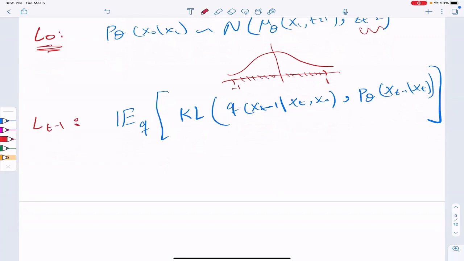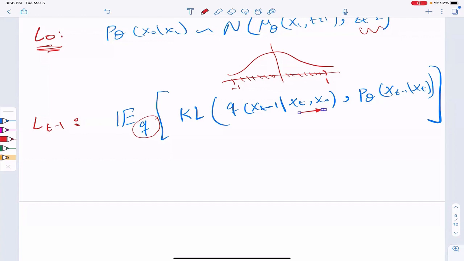All right. Side note, I just want to make sure who is awake, who is asleep. What is this Q here? What is the expectation over? Q is basically the randomness, either in my input data or in my forward process. So where is the randomness coming from? One is x0.